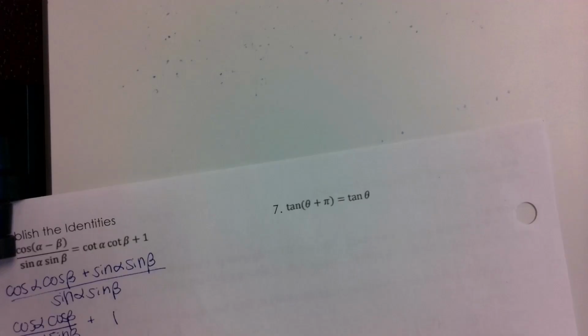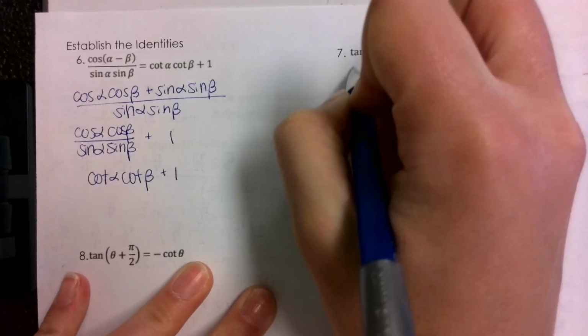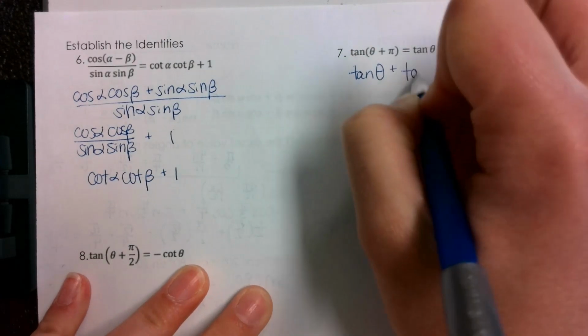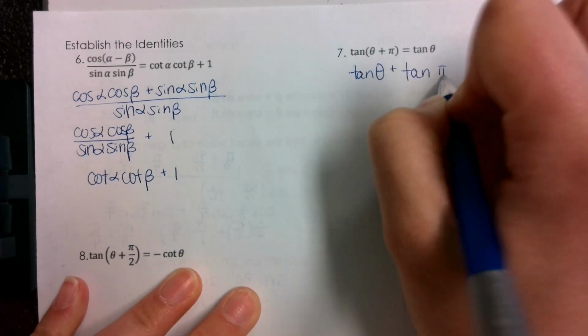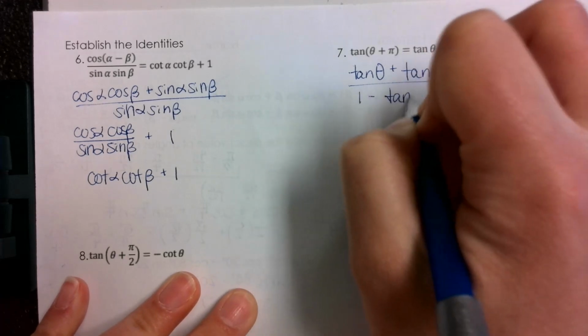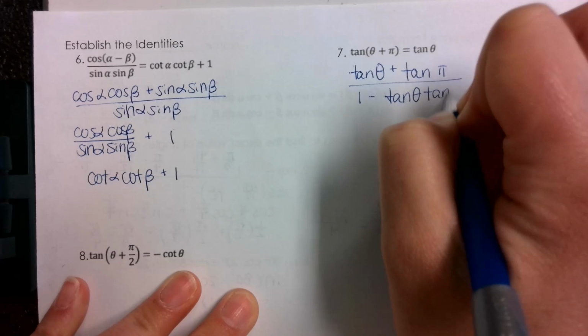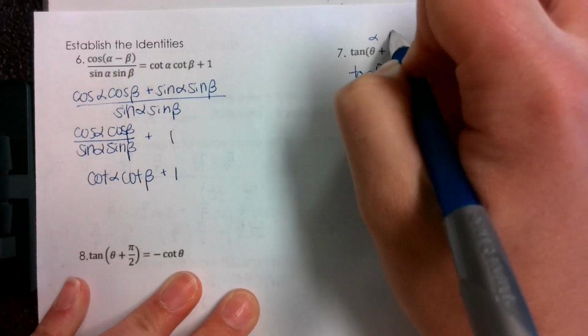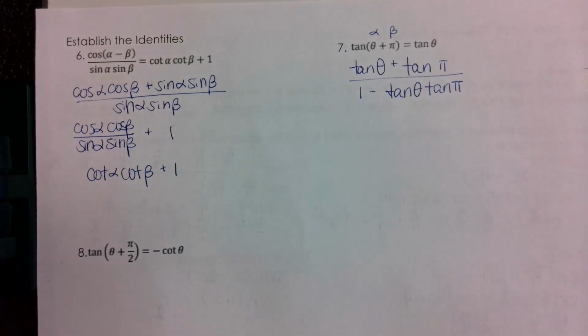We'll have tangent of theta plus tangent of pi all over 1 minus tangent theta, tangent pi. And we just had that theta was our alpha and the pi was like our beta. And we're just plugging into that formula that was on the front.